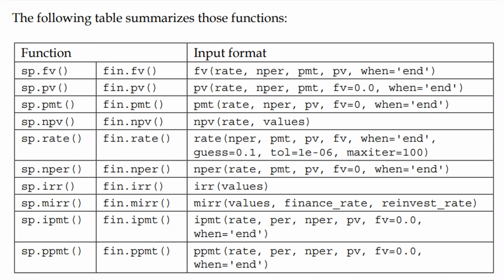MIRR, that is modified internal rate of return. I think whether you have studied it in corporate finance or not, now in most cases we are using the modified IRR. That is not the original IRR, but an equivalent IRR rate. Then the principal amount, then same thing, the interest rate for the principal amount and the final value of the principal amount. These are all the functions which are available in Python as built-in functions.